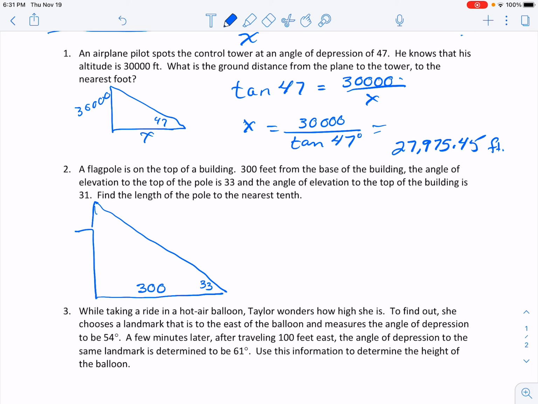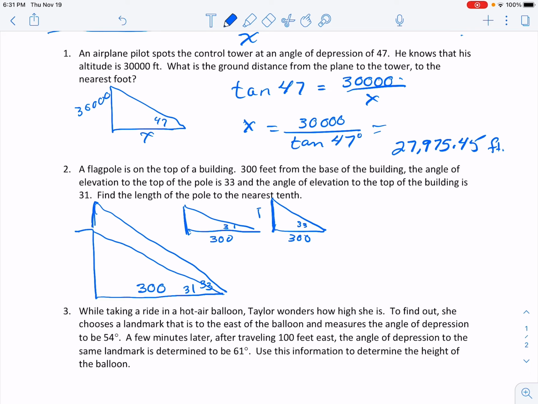And the angle of elevation to the top of the building is 31. So I have two triangles. One is 31 and 300, and the other one is 33 and 300. Okay, we want to know the height of that flagpole. So if I find this length and subtract the length of the building, I'll have the length of the flagpole.